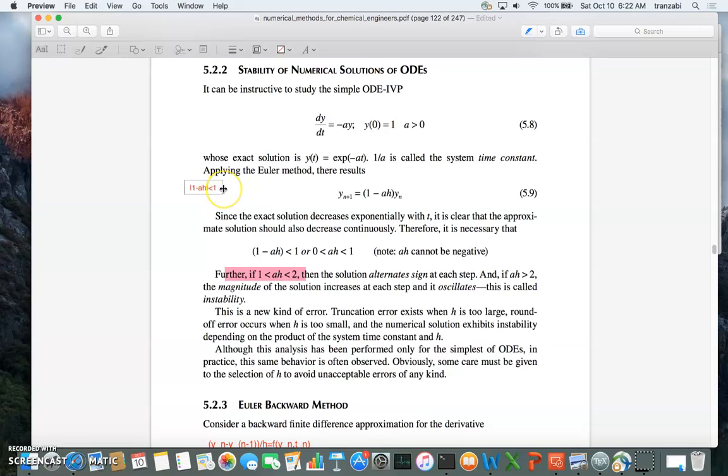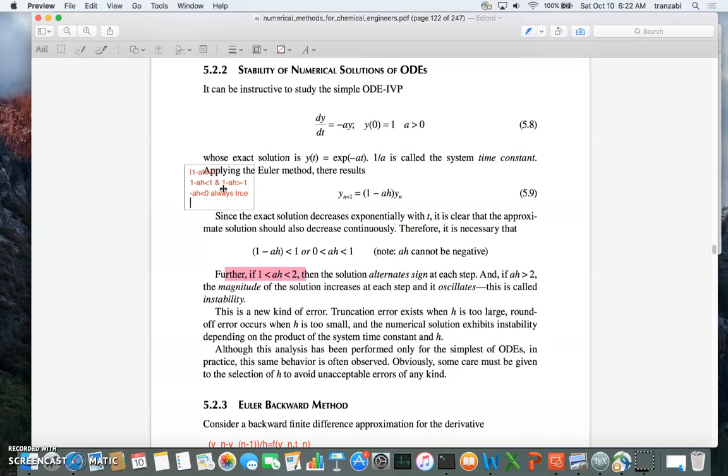If you open this up, this gives us two conditions. One is 1 minus AH less than 1, and 1 minus AH is bigger than minus 1. Let's open up the first condition. So 1 minus AH less than 1 means minus AH less than 0. This is always true, so no problem here.